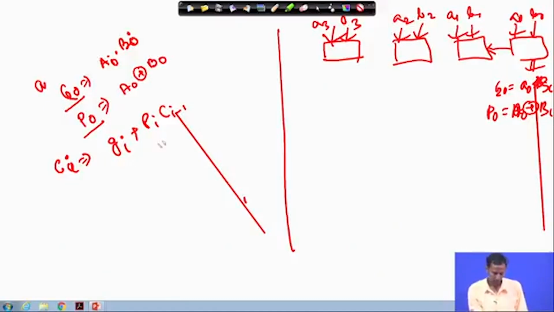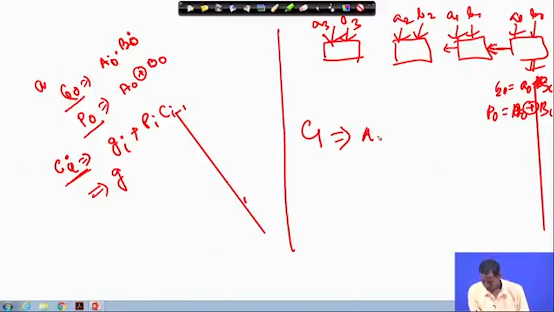Then the carry, what will it be? For C1, I am not considering the Ci minus 1 term here because it is 0, so it will not come in.